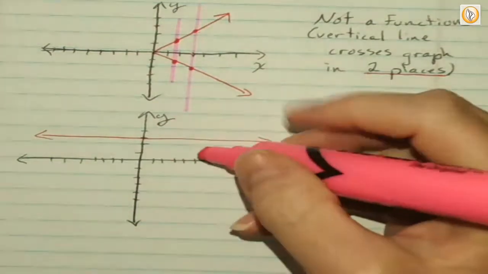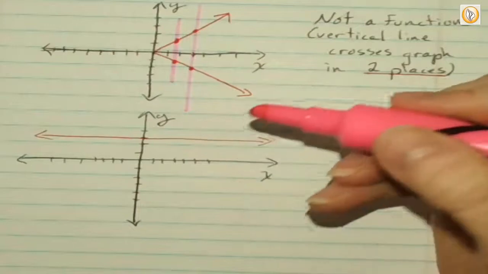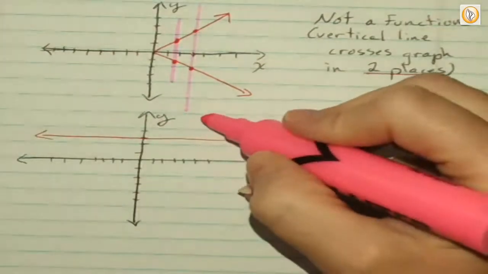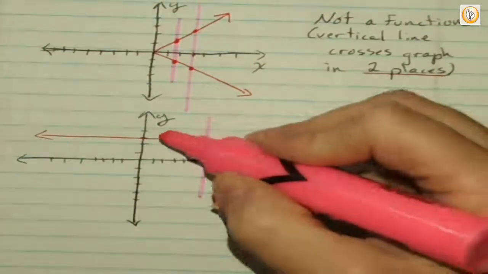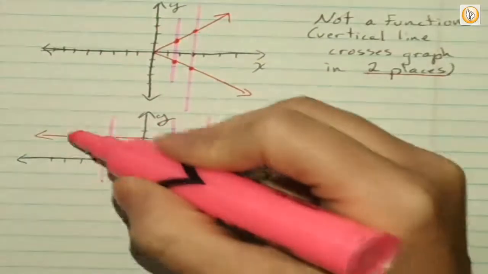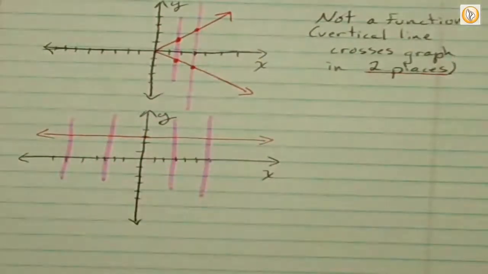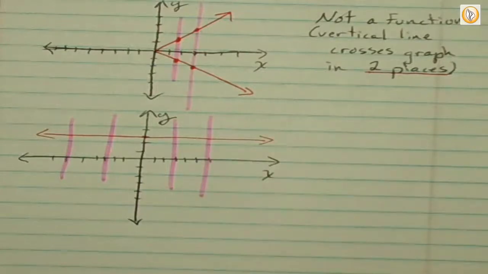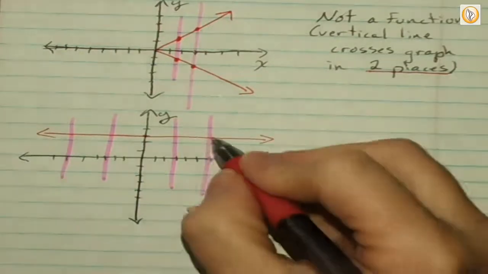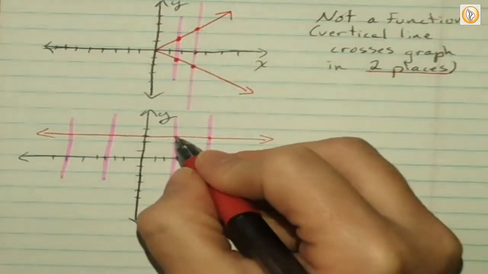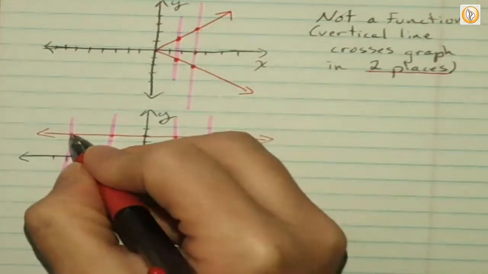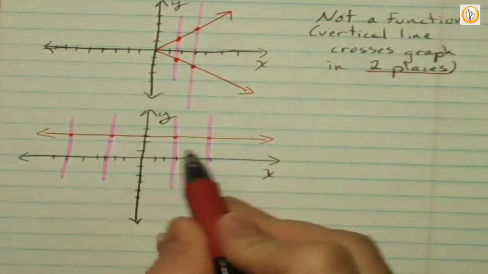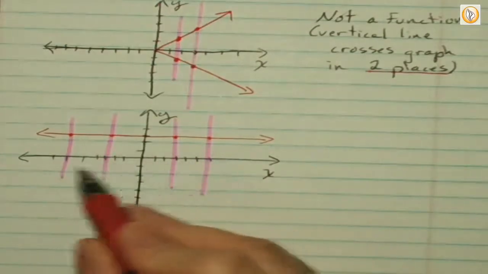It is a function. Because if I take a line, and I'm using pink, and I draw it anywhere on this graph, I can draw here, here, anywhere. How many places does my pink line cross the actual graph? One. One place. It crosses it here, here, here, here, etc. This right here is not the graph, it's the Cartesian plane.